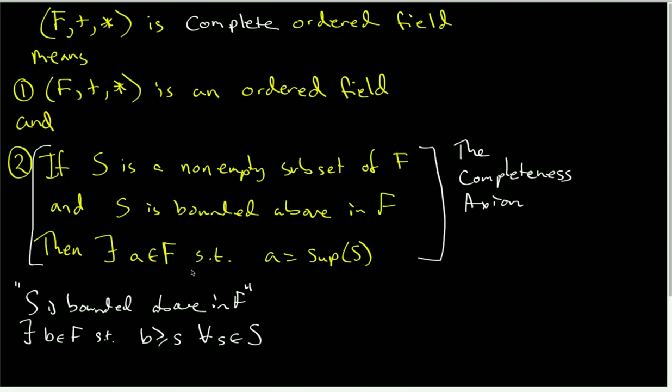And the other thing that's important to understand in the completeness axiom is that the supremum of the set doesn't only have to exist, but it has to be inside the field F. So this is an important note.